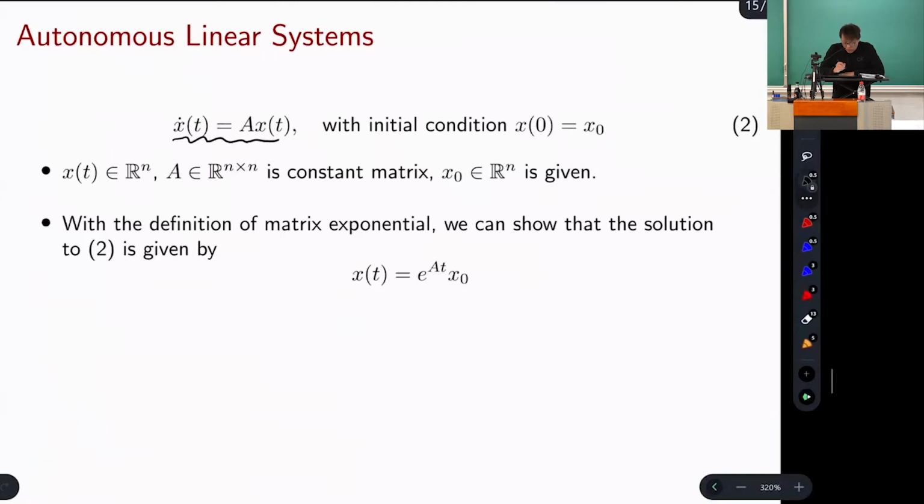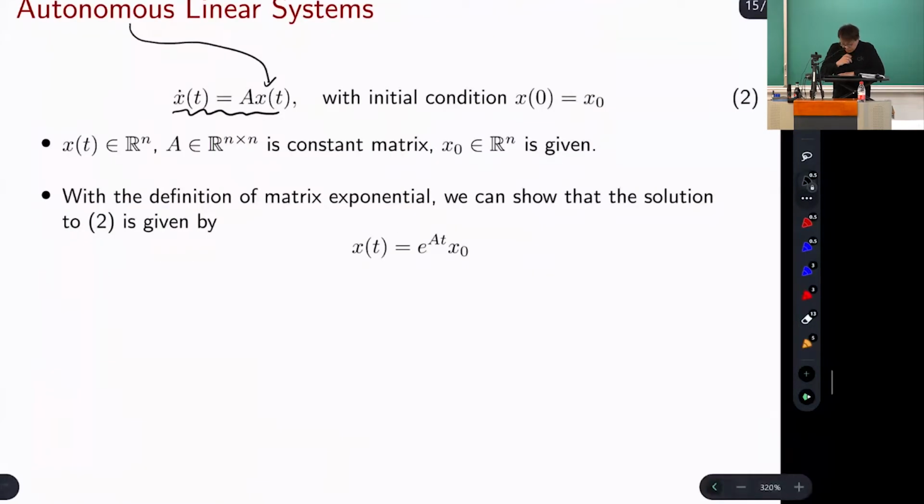Now our goal is to derive the solution to this linear system, x dot equals Ax. I call this an autonomous linear system. Hope you still remember what autonomous means. With the initial condition, right? And x belongs to R^n, a vector.